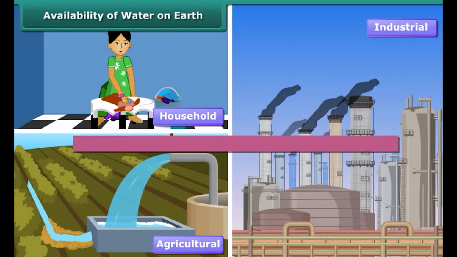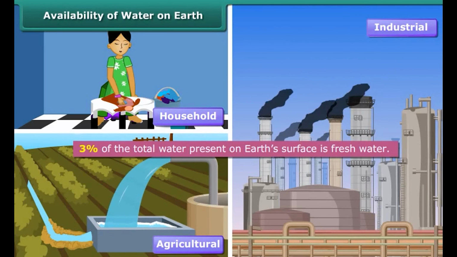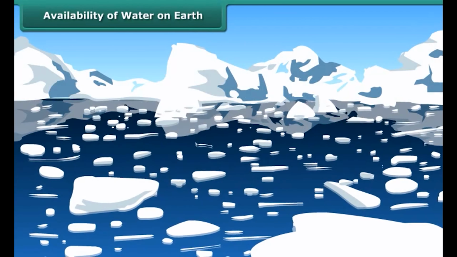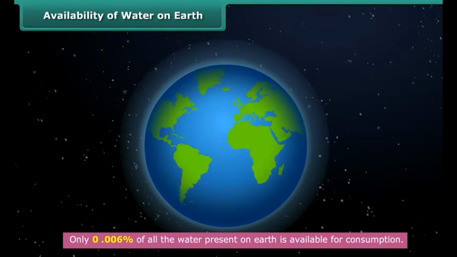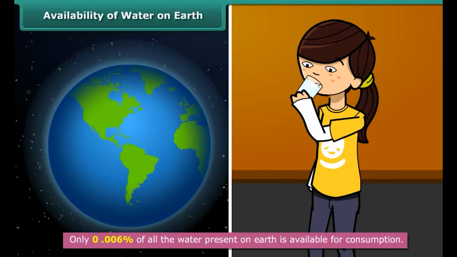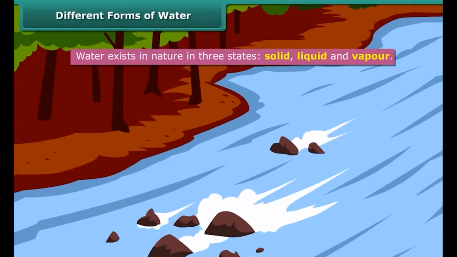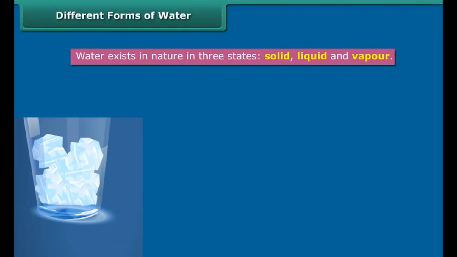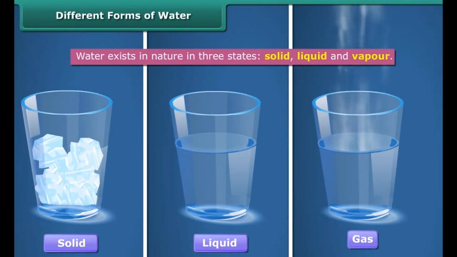The remaining 3% is fresh water, 2/3 of which is frozen in glaciers and polar ice caps. Only 0.006% of all the water present on Earth is available for consumption. Water exists in nature in 3 states, that is, solid, liquid, and gas.